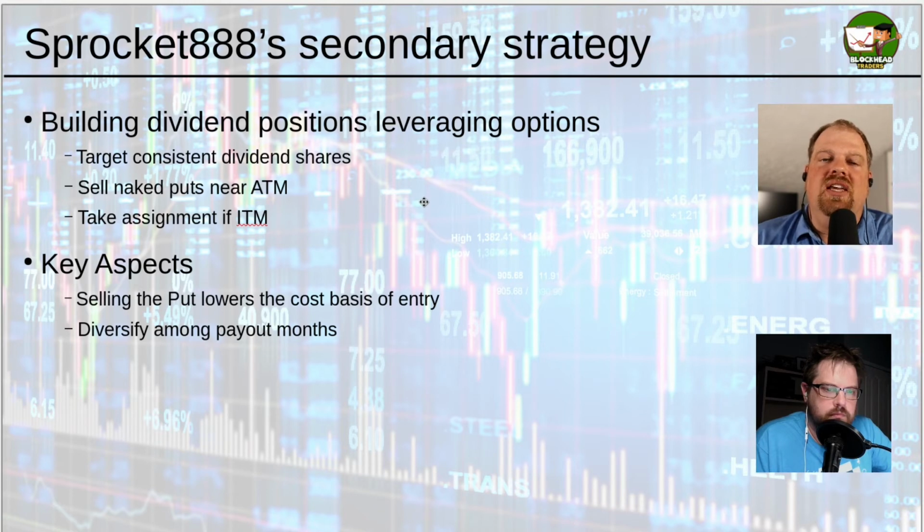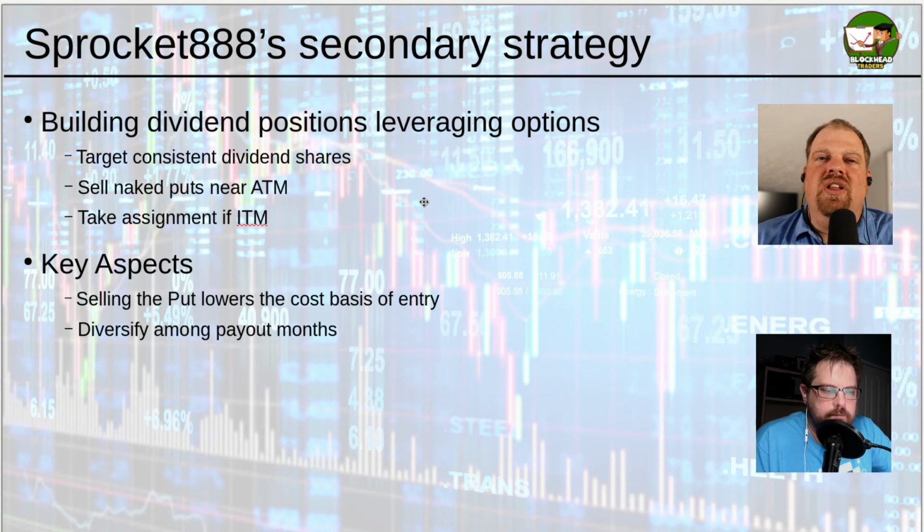So I'm getting in at a lower price. Plus, because I collected a premium from selling that put, it allows me to lower the overall cost basis when you look at the net cost of acquiring those 100 shares per option contract.